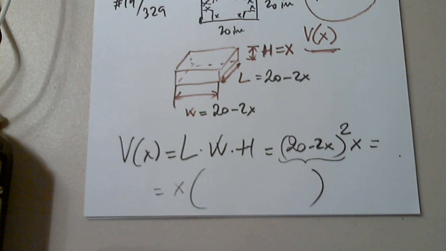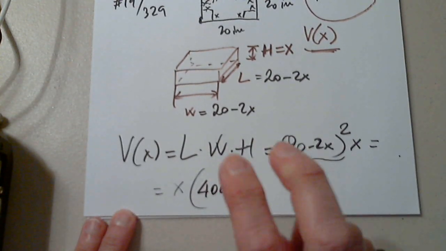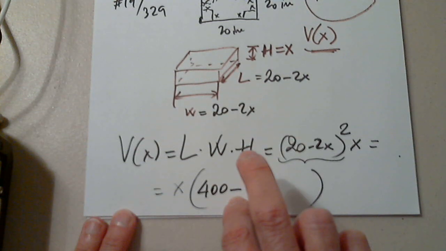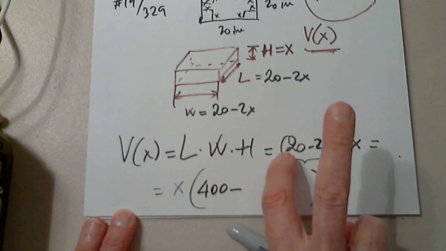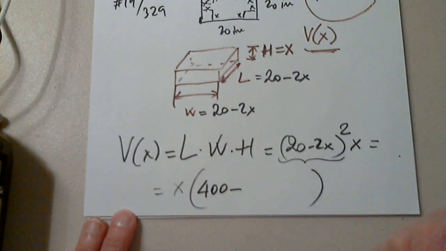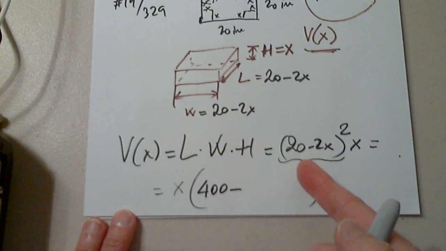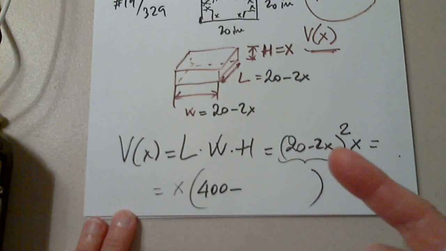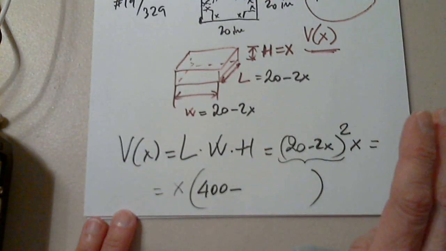Can anyone square 20 minus 2x for us? And how many terms do we write? Would it be 400, plus minus, it's minus here, I have to have minus 2 times the first times the second.